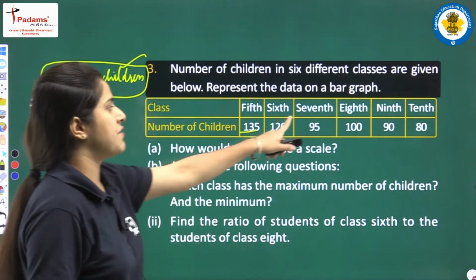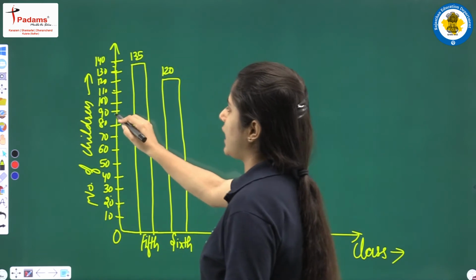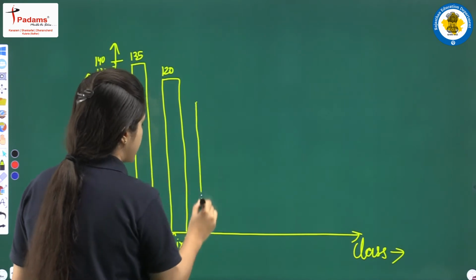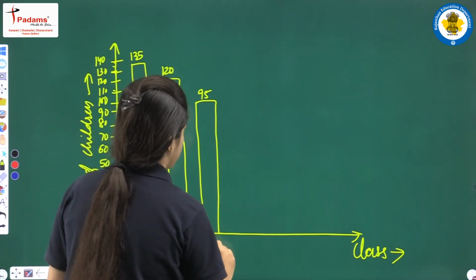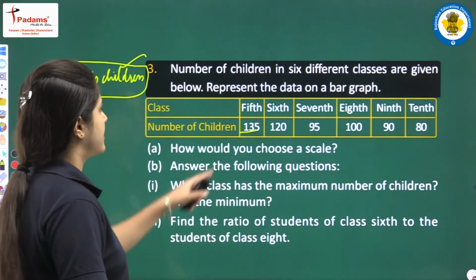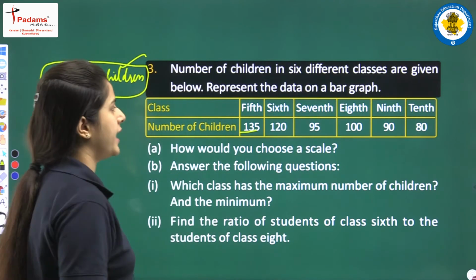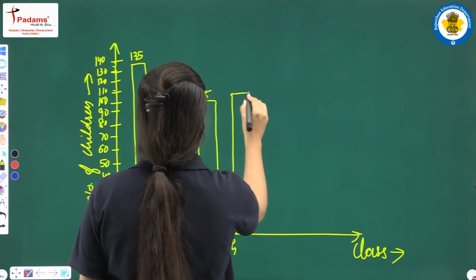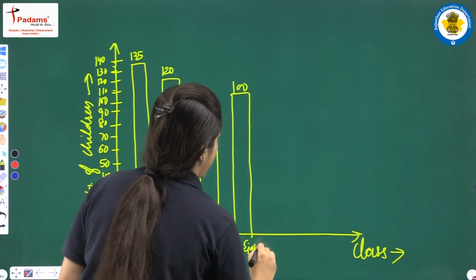Now students, 7th class, 95 kids. 95 is lying between 90 and 100, like here. This belongs to the 7th class. Alright students, now the next class, 8th, 100 children. So 100 of class 8th.